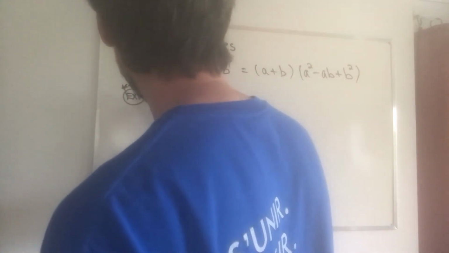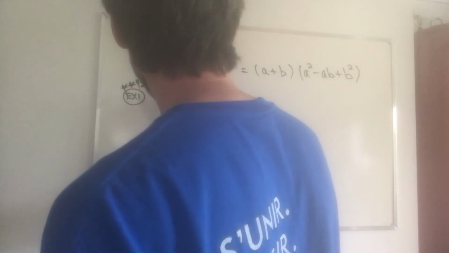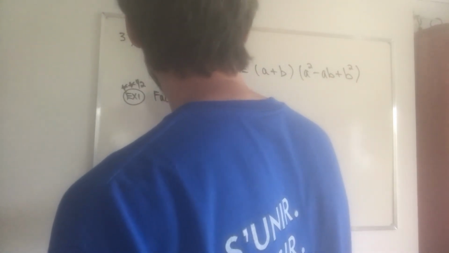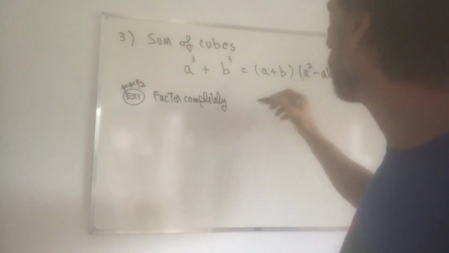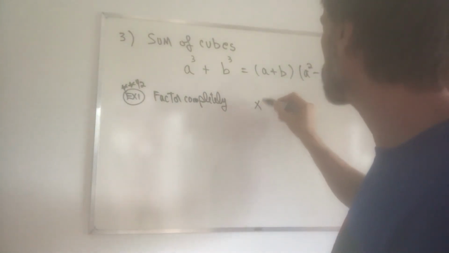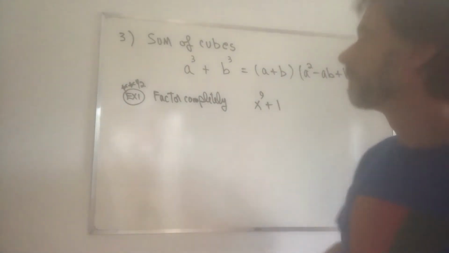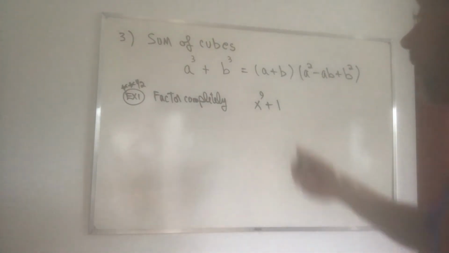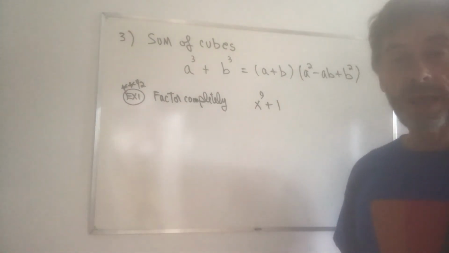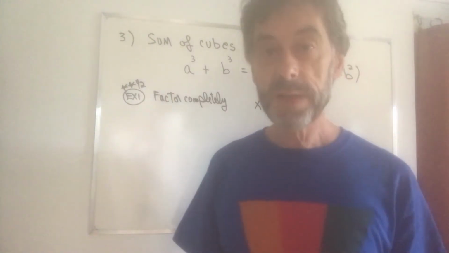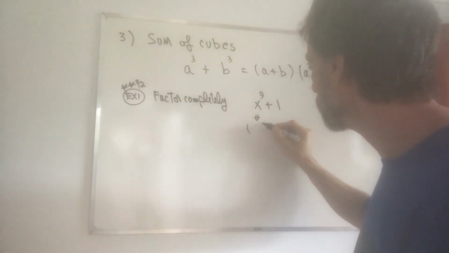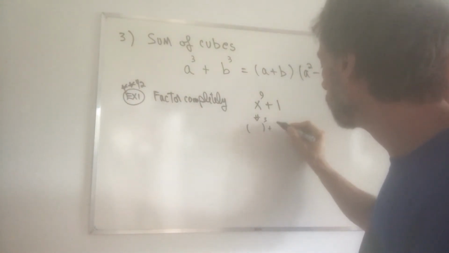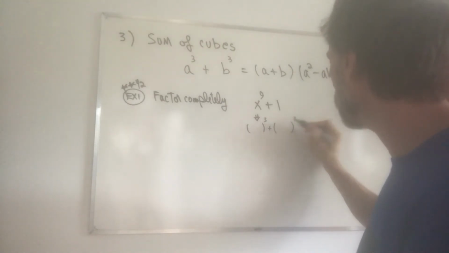So factor completely. What shall we have here? What about something like x to the 9 plus 1? All right, let's keep it simple. x to the 9 plus 1. I claim that this is a sum of cubes because I can write this as something cubed plus something cubed.